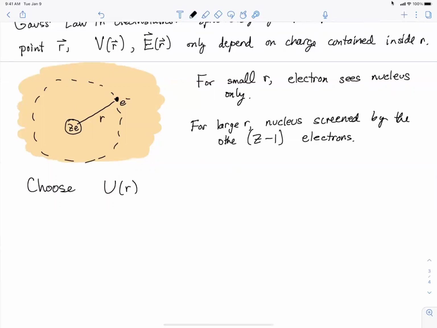I'm writing it as a classical potential, but then you promote it to an operator. For small r, it should be something like minus Z e squared over r. That's small r, no screening.